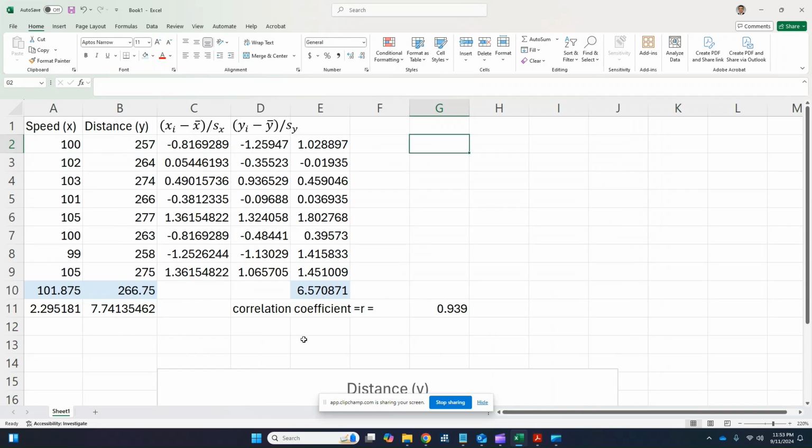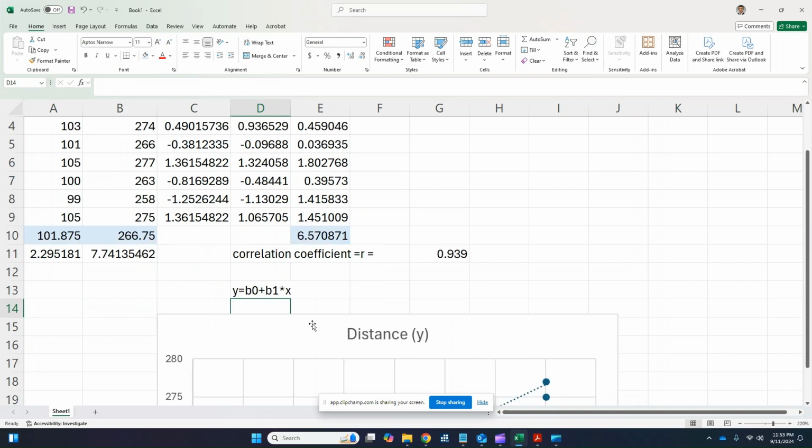Let's say if we want to predict the value of y equals, let's say, b0 plus b1 times x, like this. The reason we need this is for some value of x, we want to predict the value of y. And that's why we need to understand the values of b0 and b1.